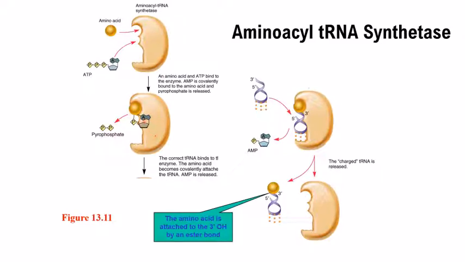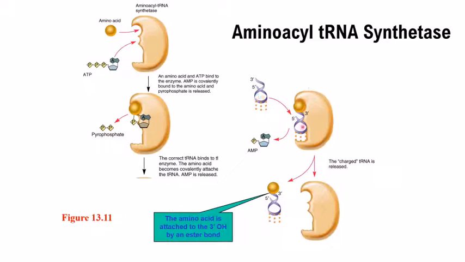The correct tRNA should bind to this particular enzyme. A tRNA molecule here will come and interact with the amino acid which is present at the amino acid tRNA synthetase.